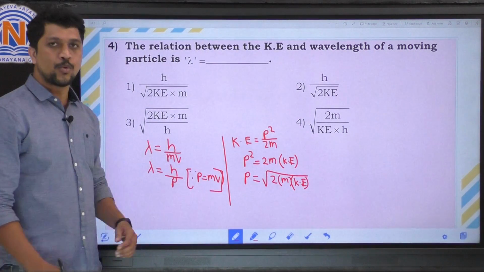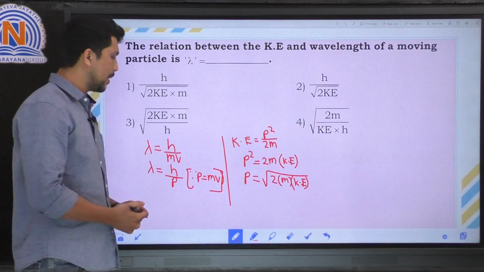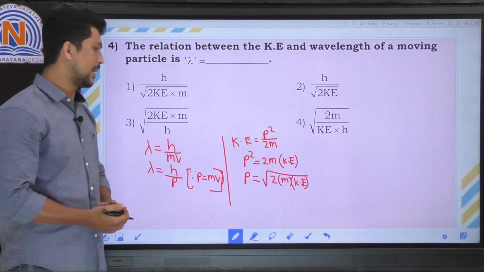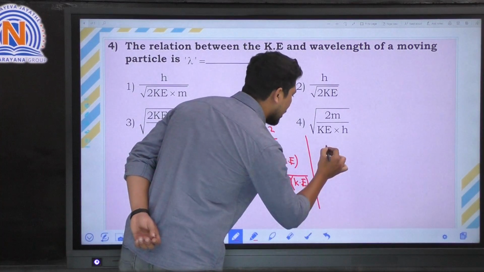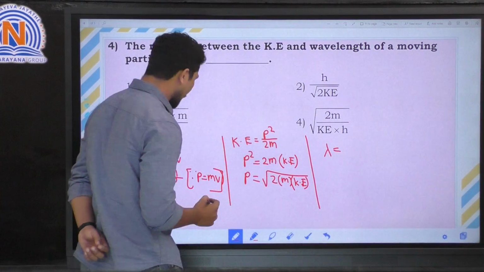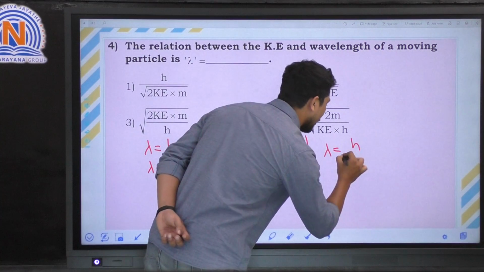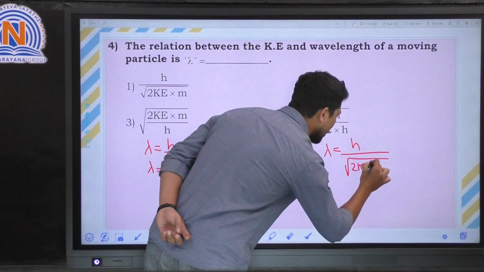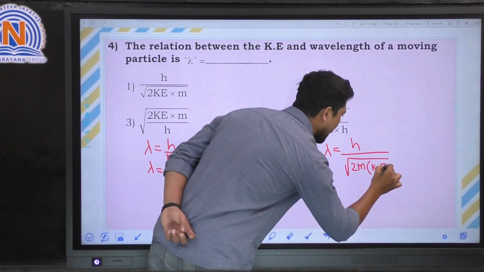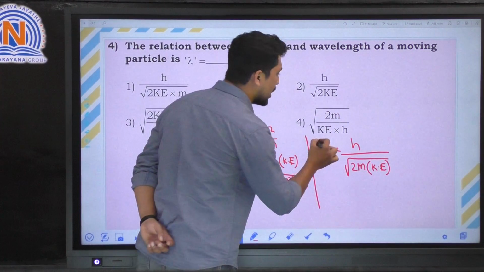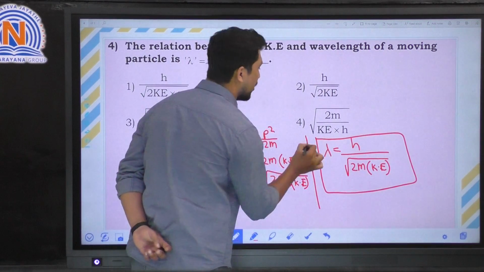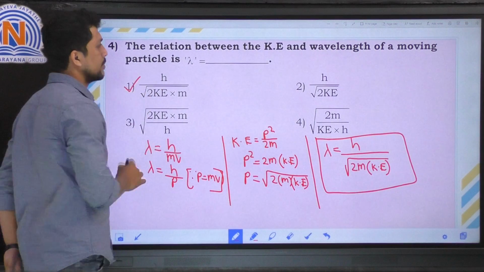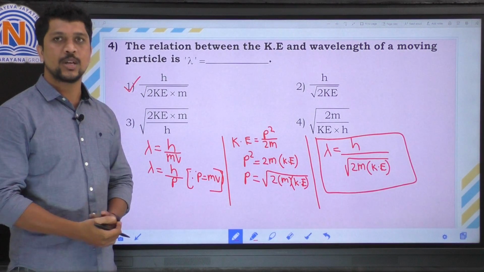Now substitute this momentum value in this formula, and we will get the relation between the kinetic energy and the wavelength. Then wavelength lambda equal to h by root over 2m into kinetic energy. So this is the relation between kinetic energy and the wavelength. So the correct option is first option. Clear? Let's move on to the next question.